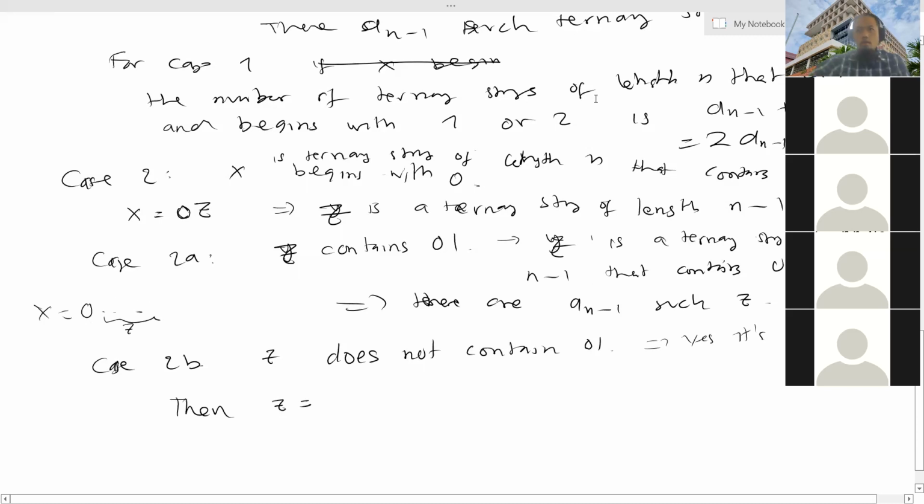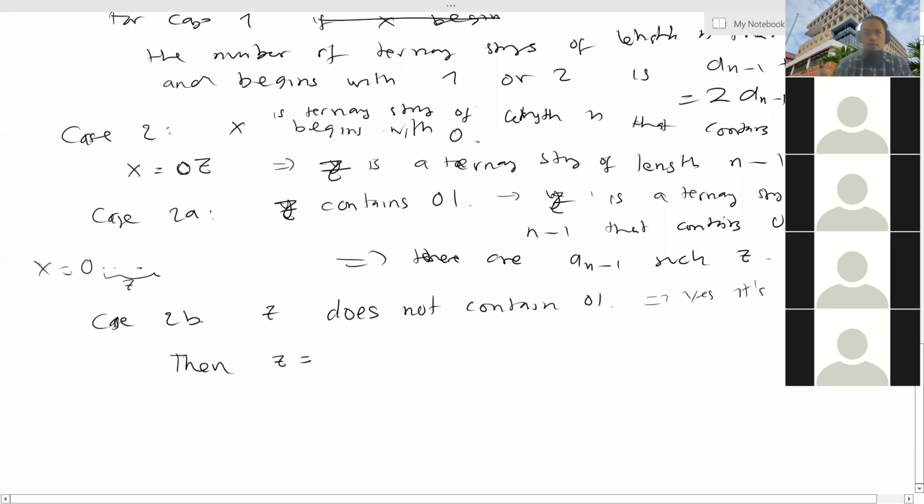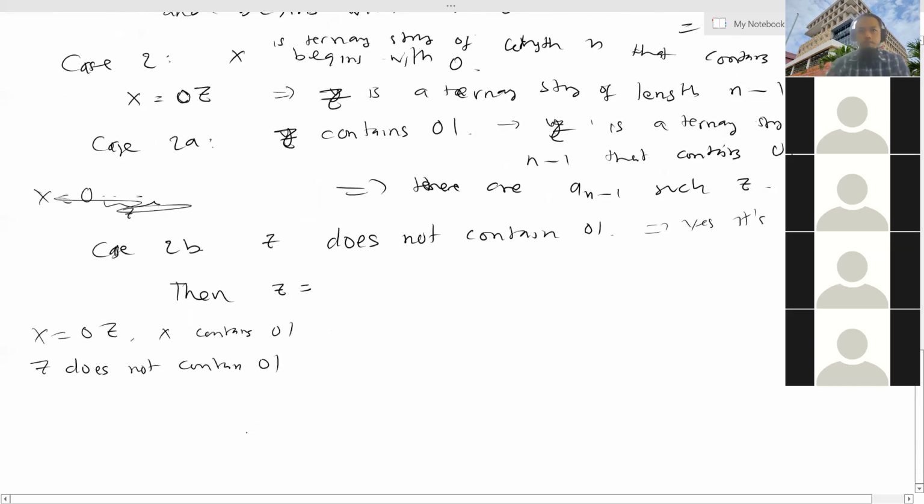Let me shift here a little bit. So x is 0, z, and you know that x contains 0, 1, but z does not contain 0, 1. So what can you conclude from here? X must be of the form what?